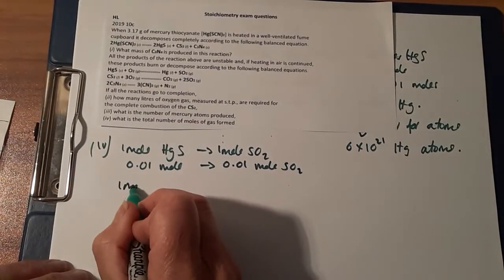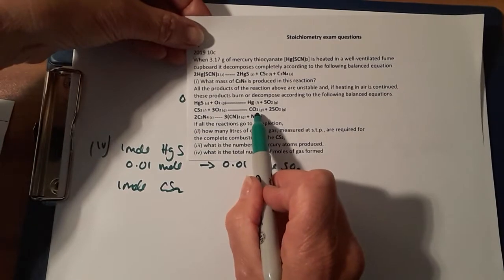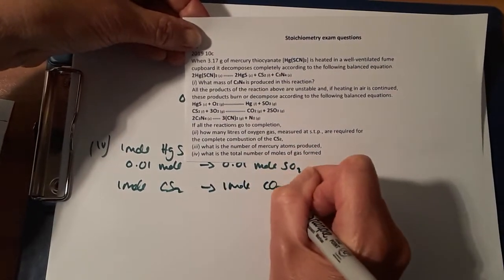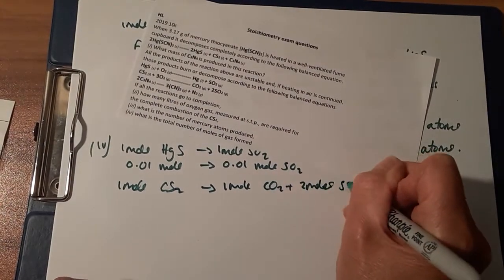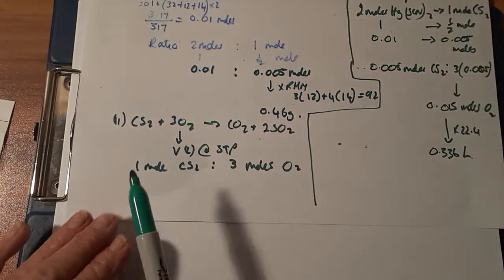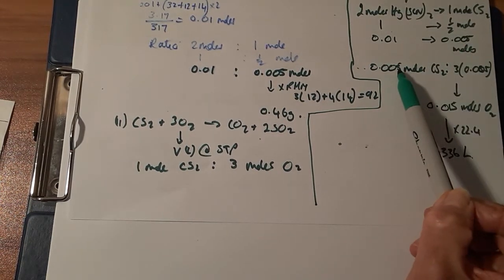1 mole of CS2 will produce how much gas? Well, it will produce 1 mole of CO2 and 2 moles of SO2. So how much CS2 did we use? So let's go back up to this sheet here. Remember, the amount of CS2 used was 0.005 moles.